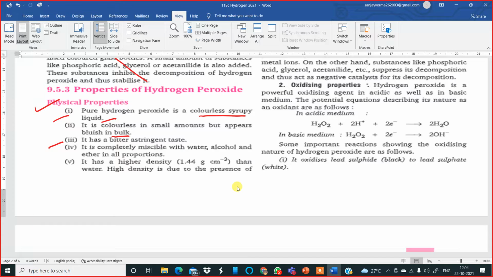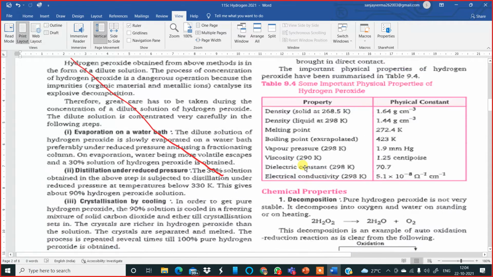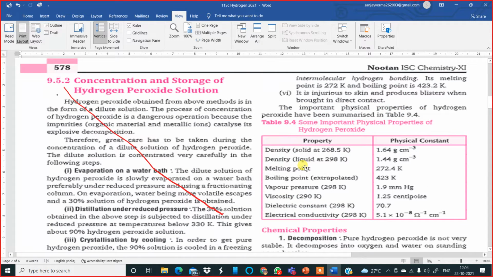Hydrogen peroxide is completely miscible with water, alcohol, and ether in all proportions. It has a higher density than water. This high density is because of the presence of intermolecular hydrogen bonding.